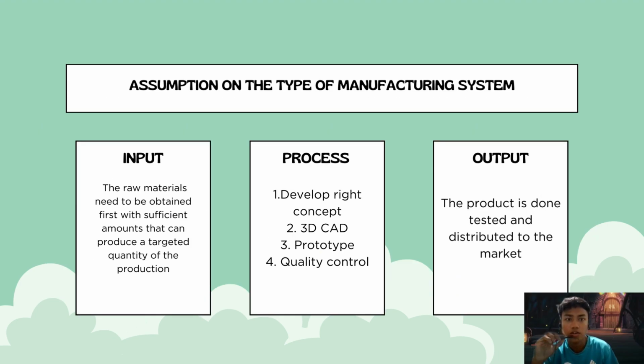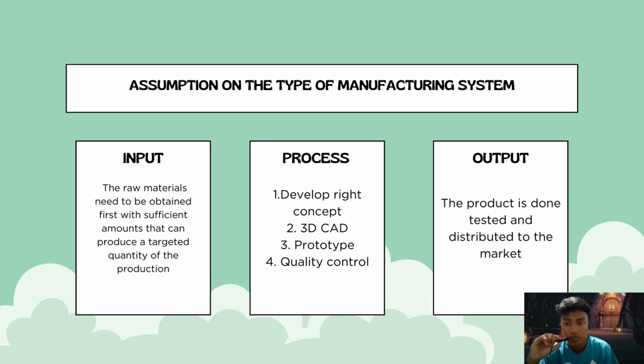For the assumption of the type of manufacturing system, there are three main parts: input, process, and output. In input, the raw material needs to be obtained first, in a sufficient amount to produce the targeted quantity. This is in the shape of ingots or any other raw material that we choose. Next, the process.